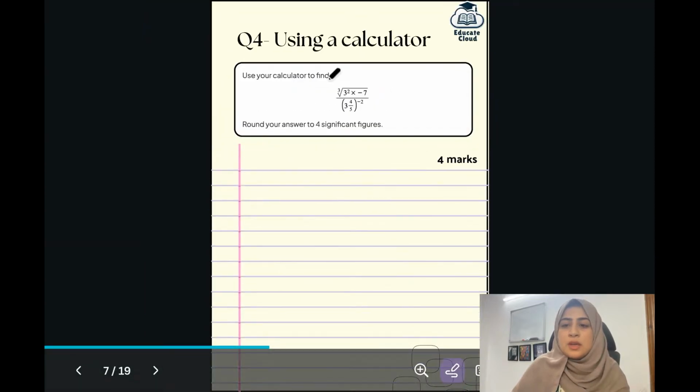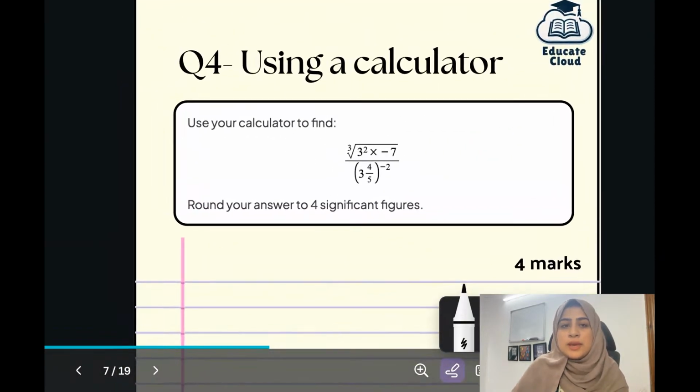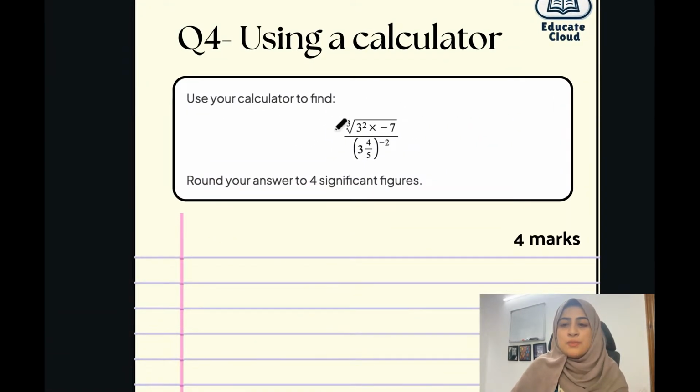Next question, using a calculator. This one's a bit hard to show you online, but I will still try using the Desmos calculator.